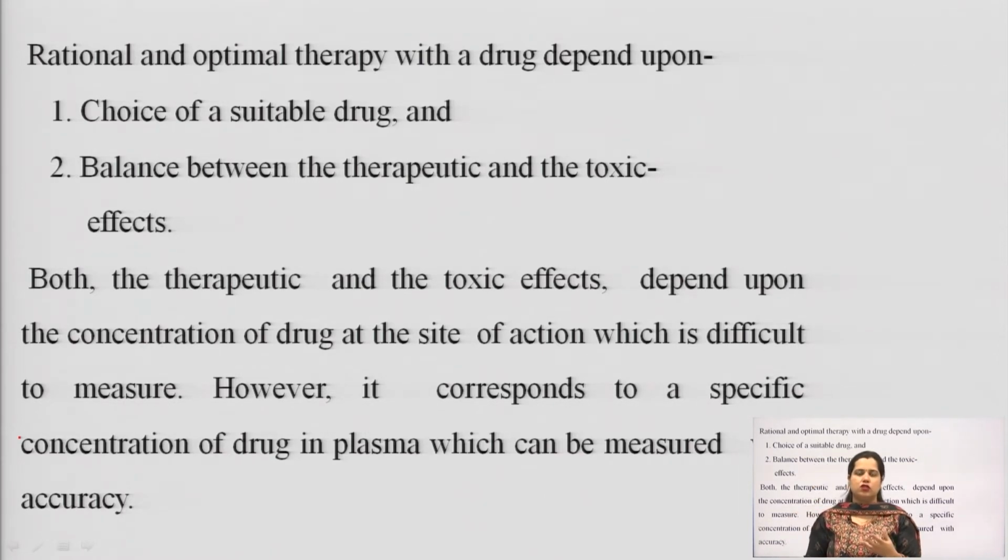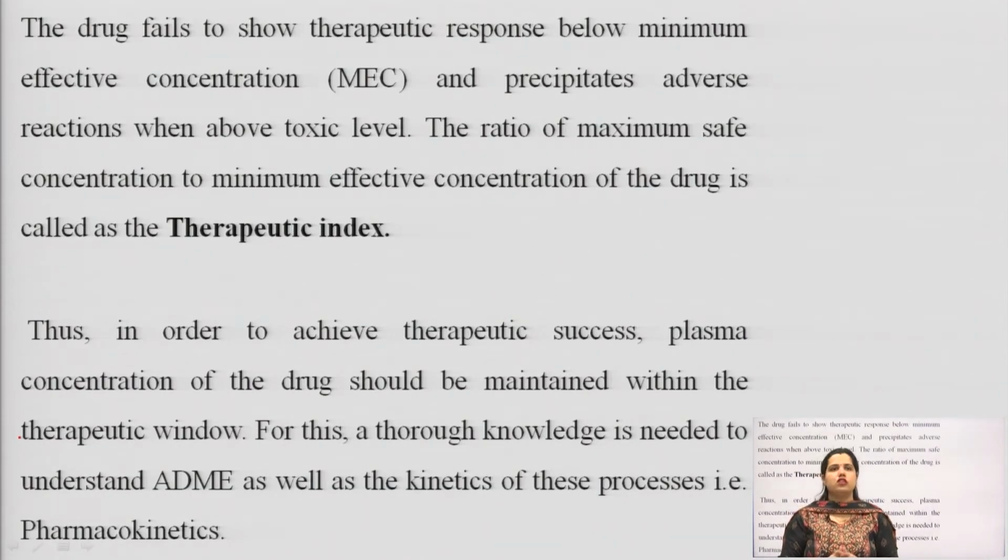Depending on the concentration required at the site of action, we calculate the drug required for effective use. The drug fails to show a therapeutic response below the minimum effective concentration, and precipitates adverse reactions when above toxic levels.